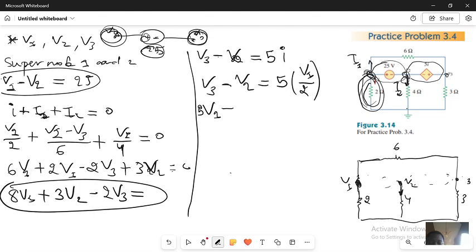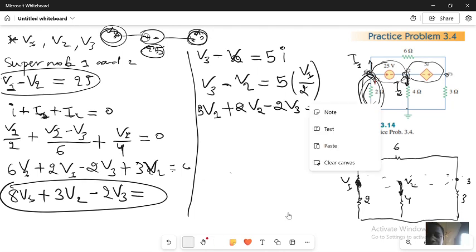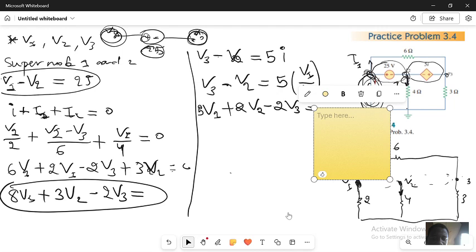This negative will come to this side, going to be 2V2. This 2V3 goes to the other side, so it is minus 2V3, equal 0.